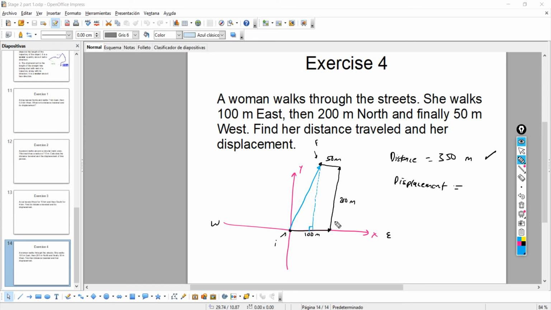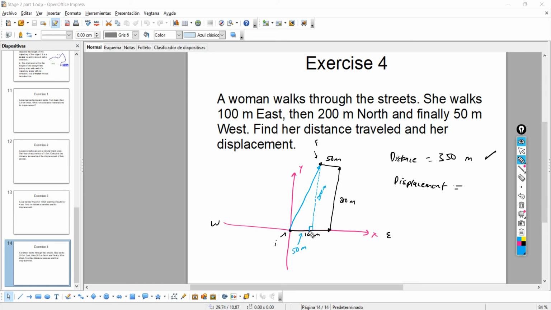We can see from the geometry of this diagram that this dotted segment measures the same as 200 meters, right? This and this measure the same. So this little bit is 200 meters. And how much is this other side of the triangle? Since the woman walked 100 meters in this direction and then upwards and then 50 meters in the opposite direction, then this bit should be 50 meters according to the geometry of the problem.